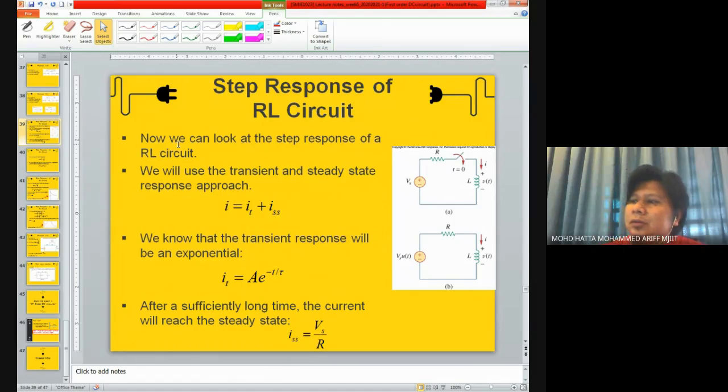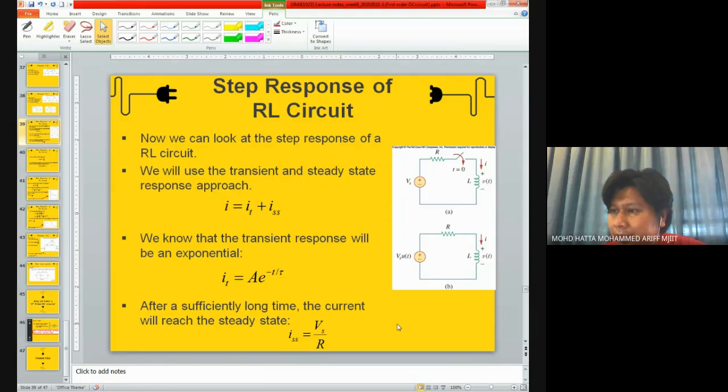Now for step response of RL circuit, we should consider at the end we will come out with this kind of circuit that we need in order to calculate the tau and also come out with the voltage and current response, or current flowing through the inductor for t greater than 0.